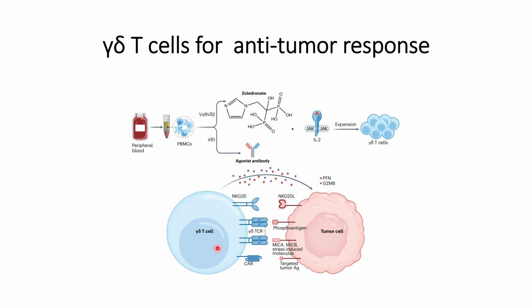It can directly recognize the stressed or cancer cells using its gamma delta T cell receptors, and along with that it can be modified to have the CAR, the chimeric antigen receptor, against antigens specific to the patient or specific to the tumors. So it can work in a dual way.